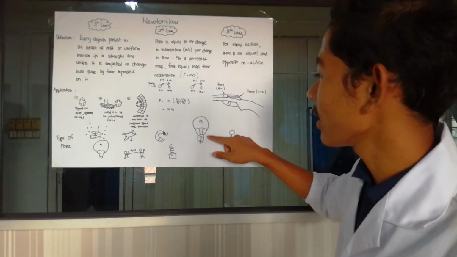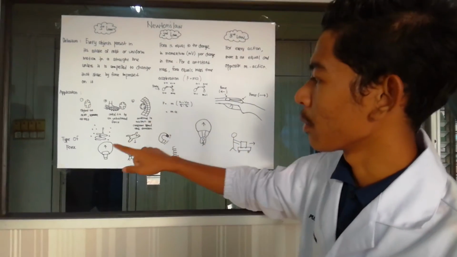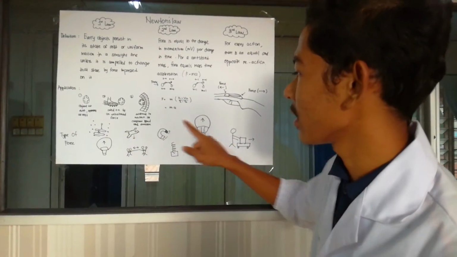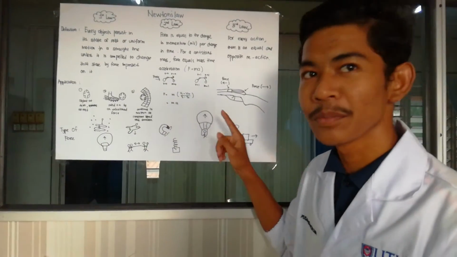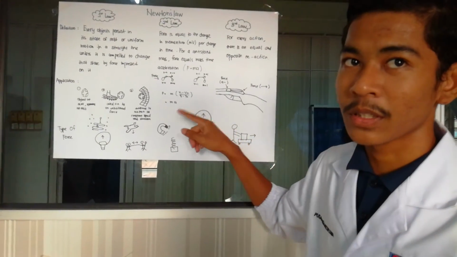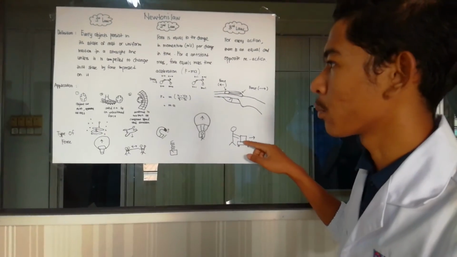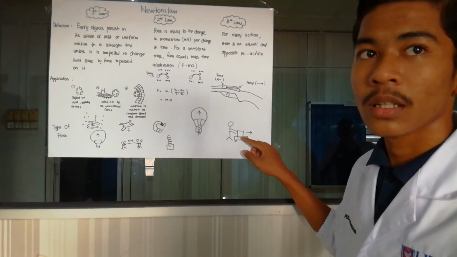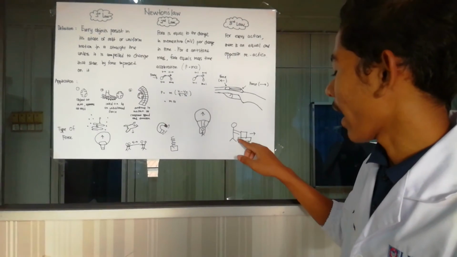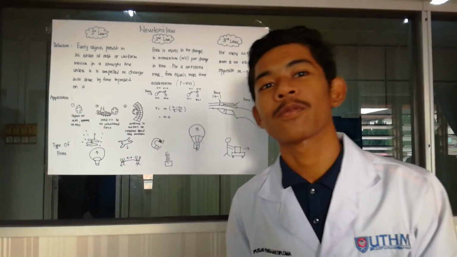Then the next one is a person experiencing something like a buoyant force, like the hot air balloon, but a little different. We call it drag force, and the force is going upward. And the last one is when a person pushes something forward, and we call it applied force. So that's all from our group.